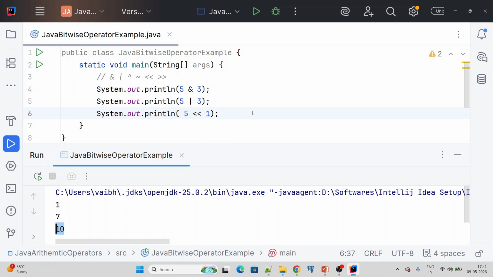The output is 10. How? Let's understand this concept, the bitwise left shift operator. So the example was 5 left shift 1. It means we need to shift the value 5 by one digit.